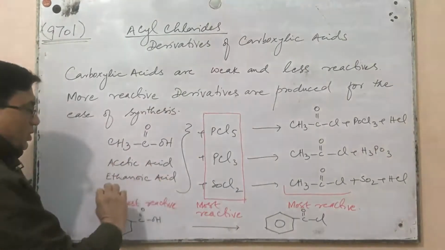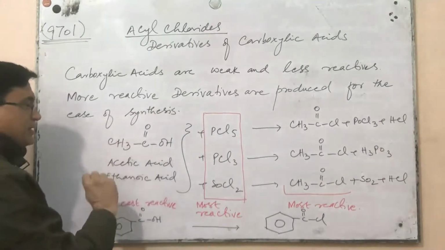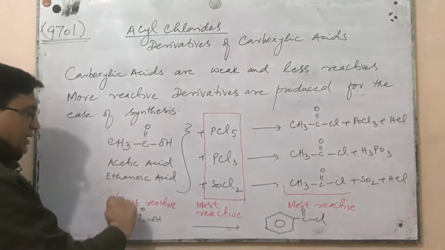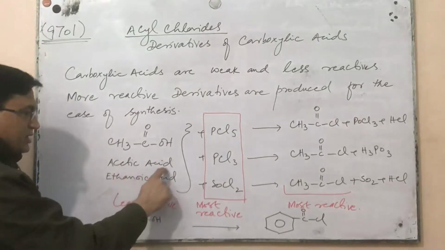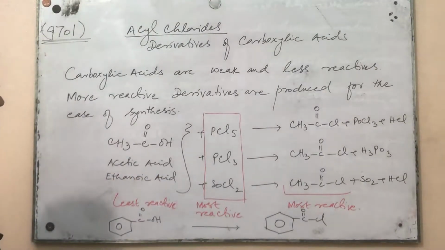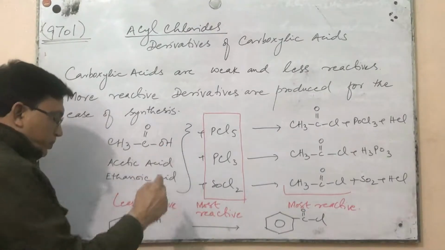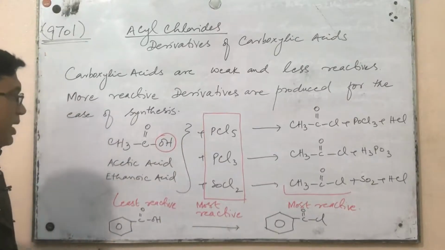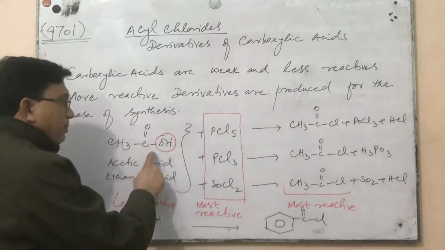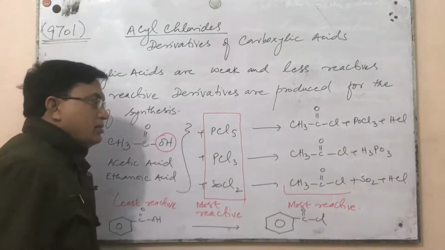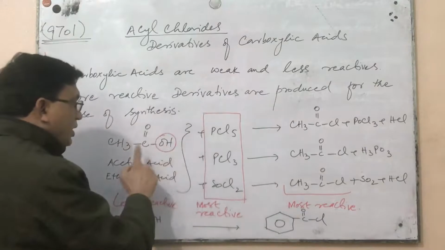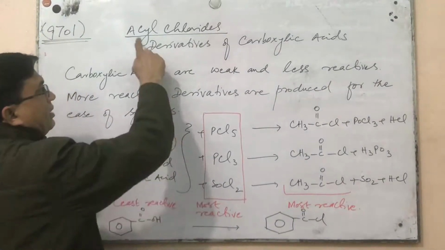This is the example of ethanoic acid. Actually, this ethanoic acid is also termed as acetic acid. Now, when the OH group of the carboxylic acids is replaced by any halogen atom or chloride, then we call it an acyl chloride.